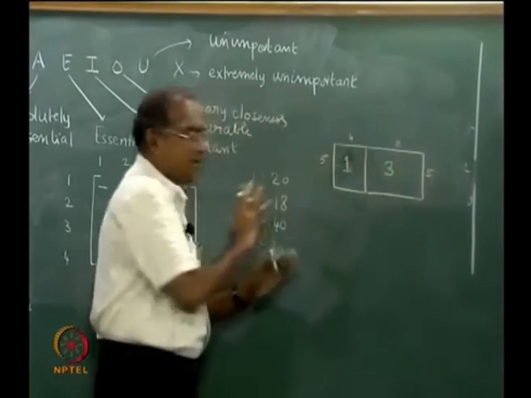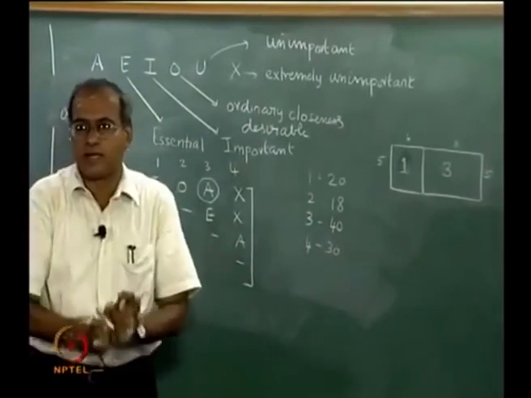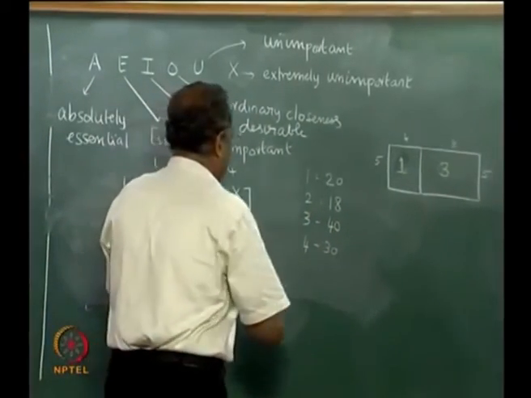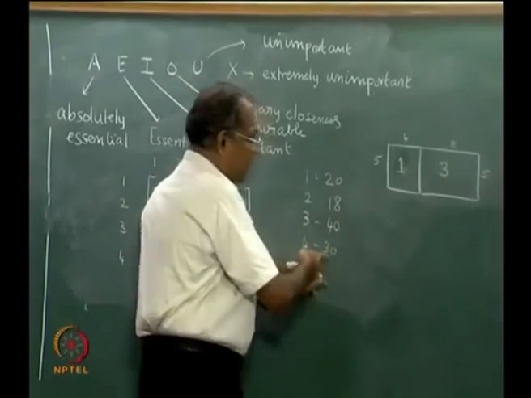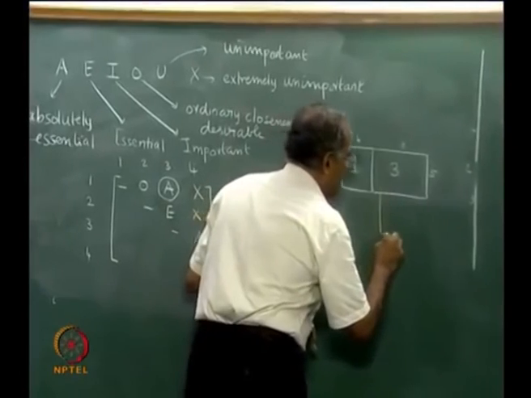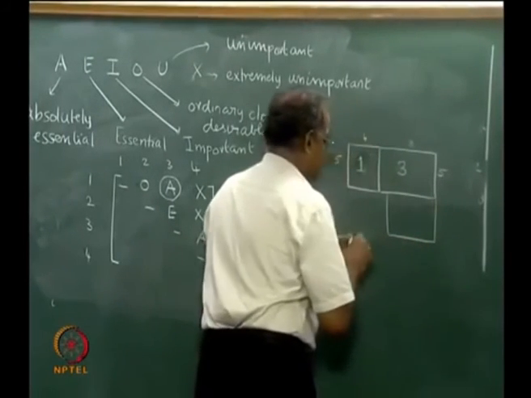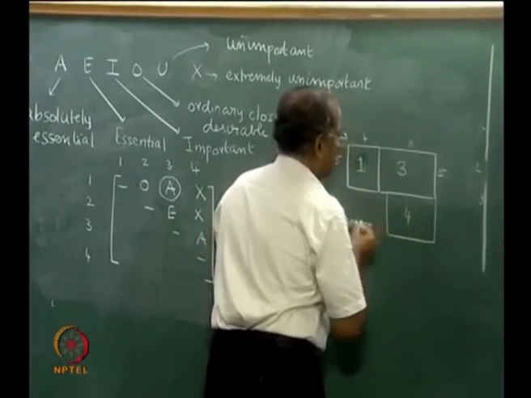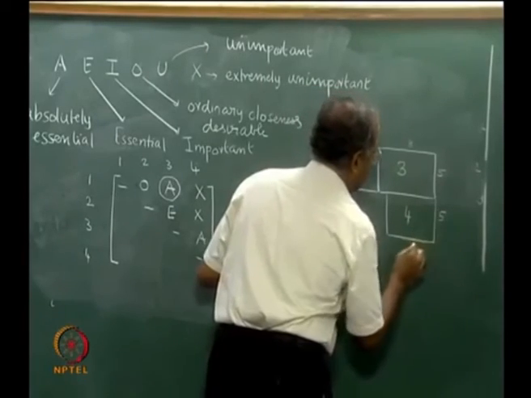If we want this entire thing to be a very compact square or a rectangle, then we would put department number 4 somewhere here with 30. So this is department 4 with 5 and 6.